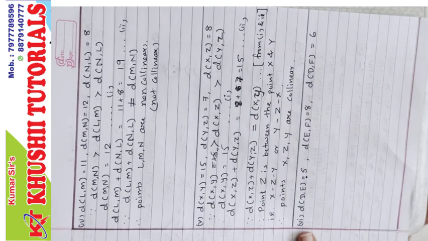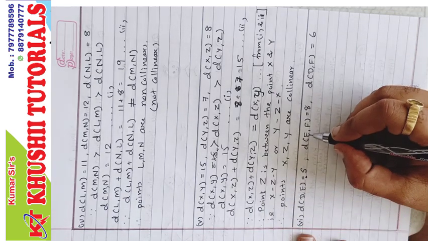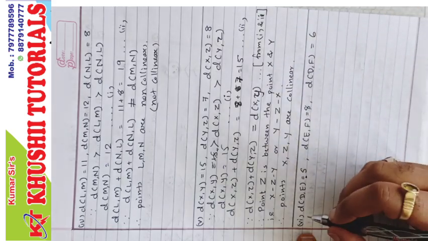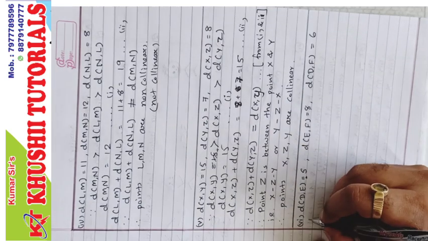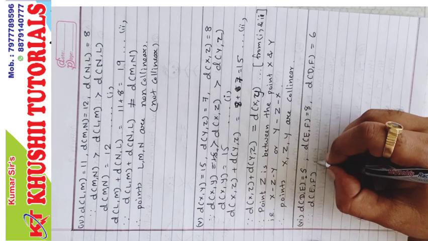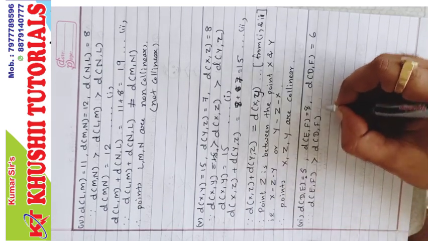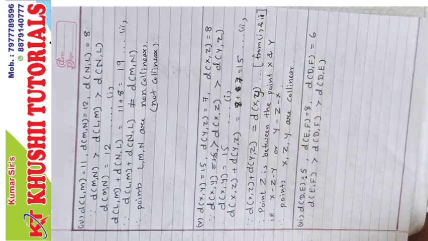Let me do the sixth sum. Distance of DE equal to 5, EF equal to 8 and DF equal to 6. Now first we have to arrange them in decreasing order, since distance of EF is greater than distance of DF is greater than distance of DE.